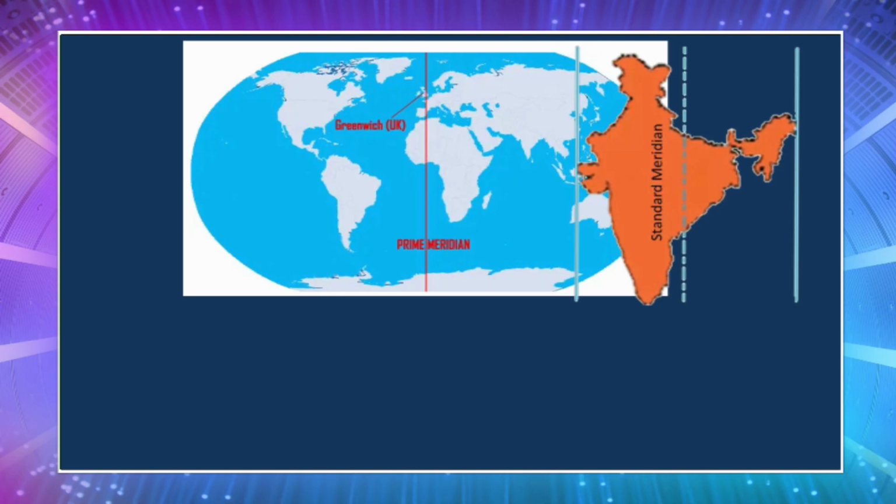So, there is a 5.5 hours difference between the Greenwich meridian and the Indian standard meridian. So, there is a 5.5 hours difference between Greenwich Mean Time and Indian Standard Time. Indian Standard Time is 5.5 hours ahead of Greenwich Mean Time.